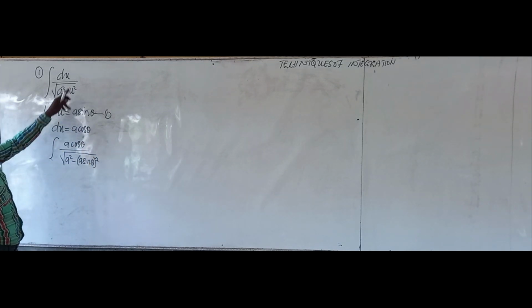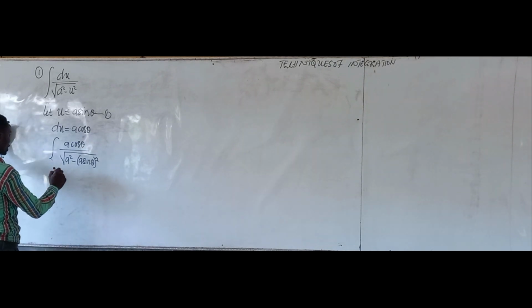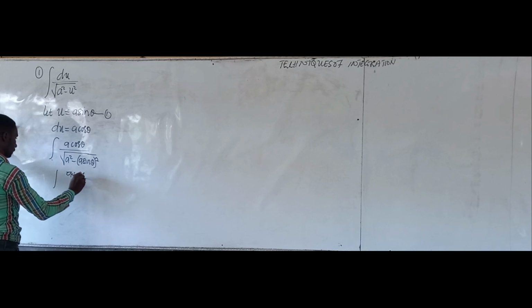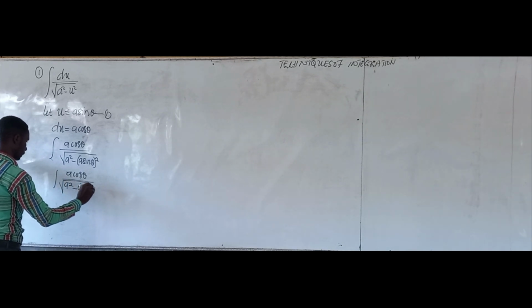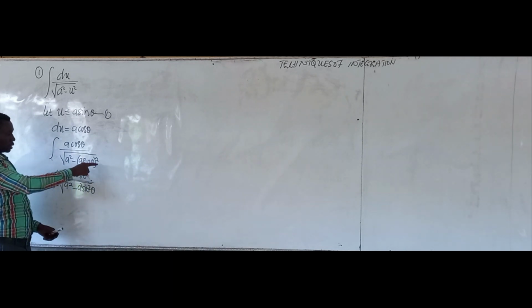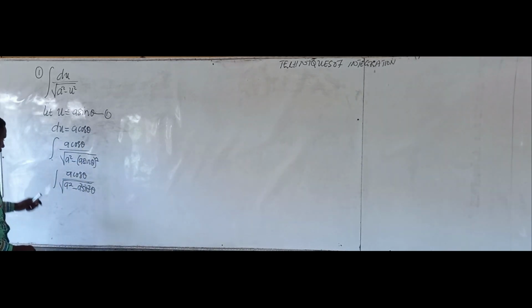So whatever you see, you put the a sine theta squared. Now this one will give me integral a cos theta over square root of a squared minus a squared sine squared theta, because the square does not affect a and affects sine.